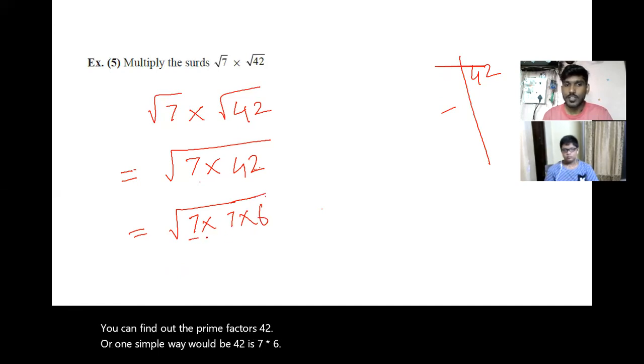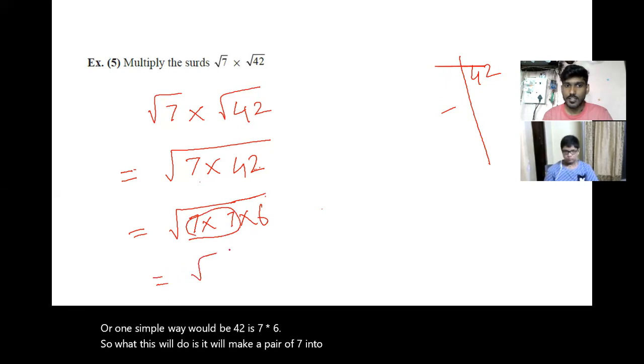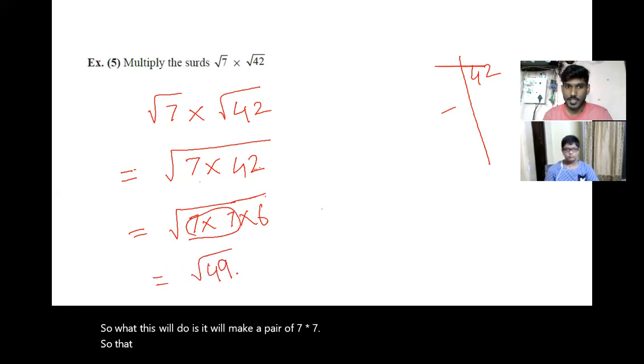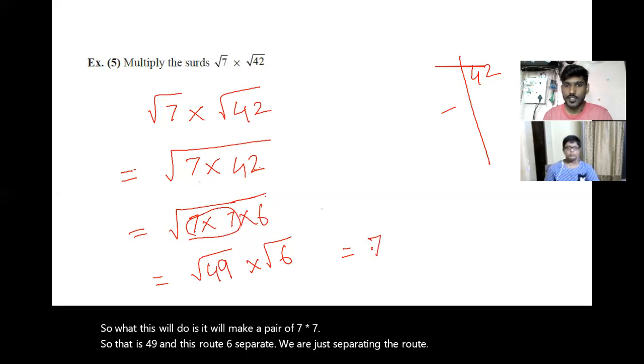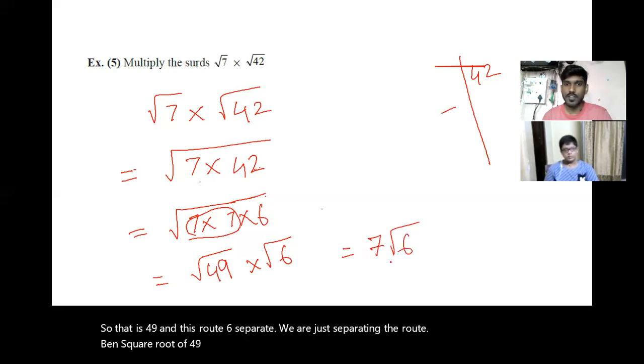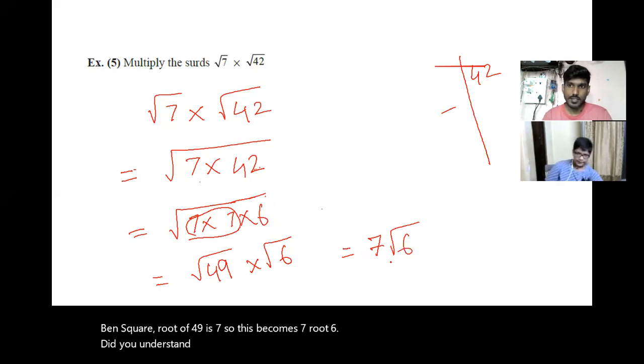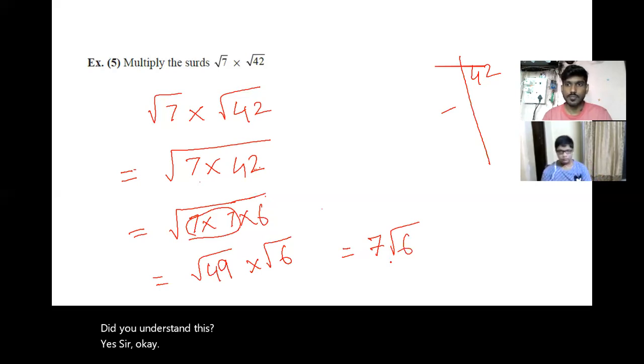So this will make a pair of 7 into 7, that is 49, and this root 6 is separate. We are just separating the root. Then you know square root of 49 is 7. So this becomes 7 root 6. Did you understand this? Yes, sir. Okay. I want you to write this down.